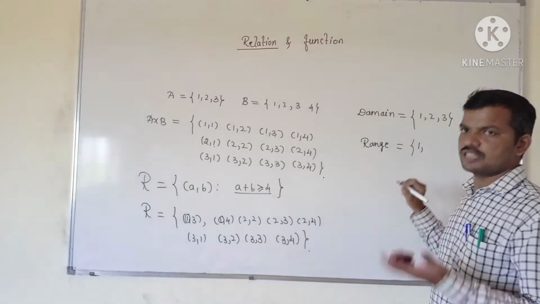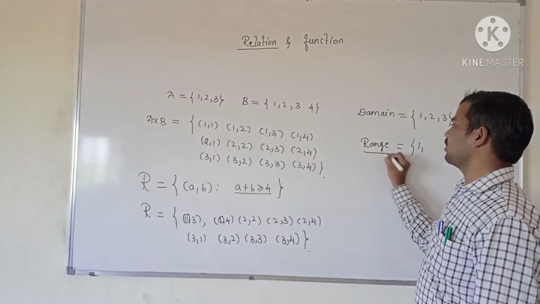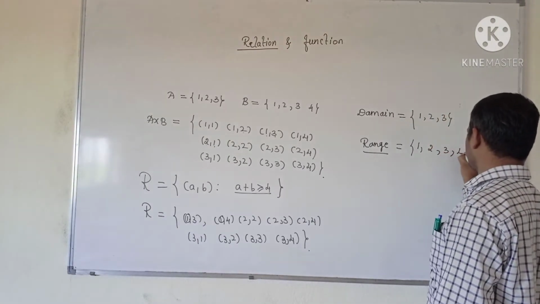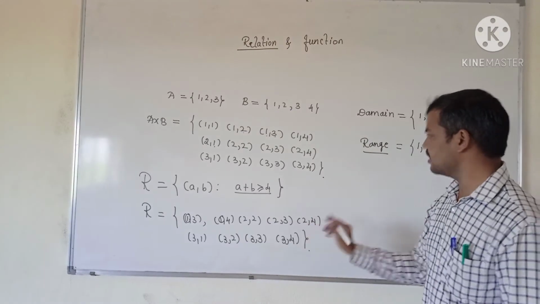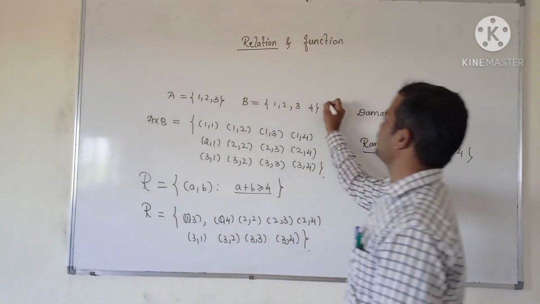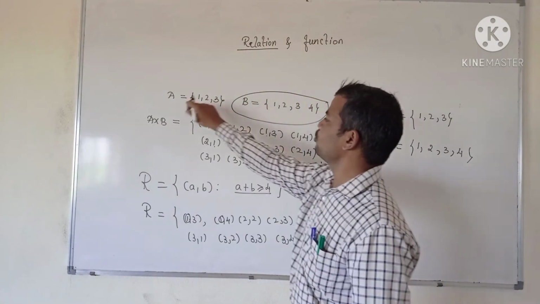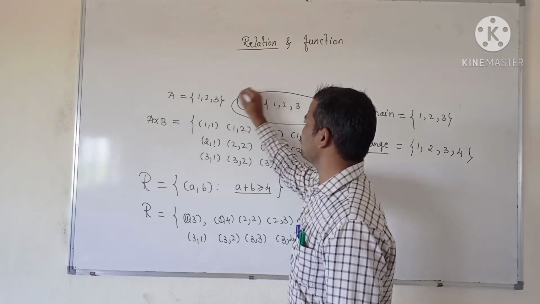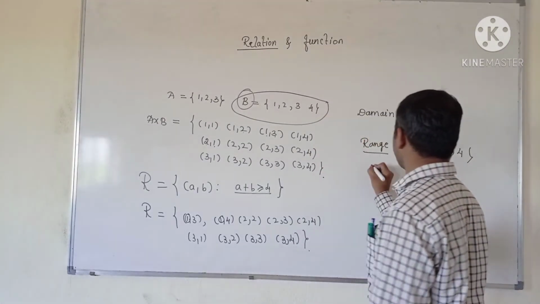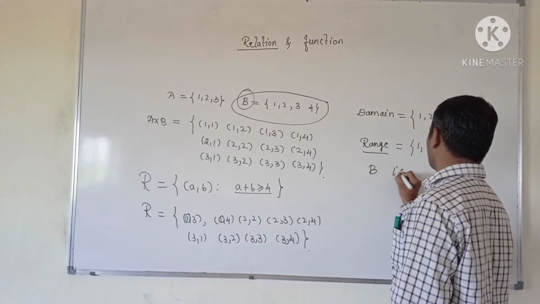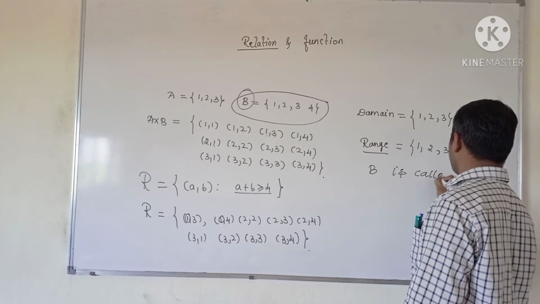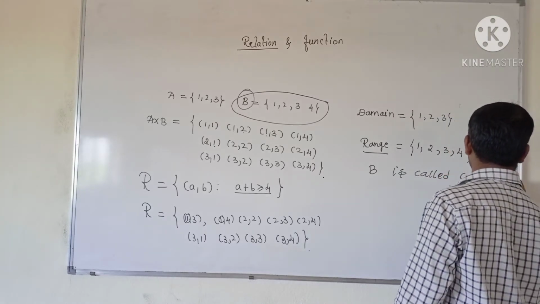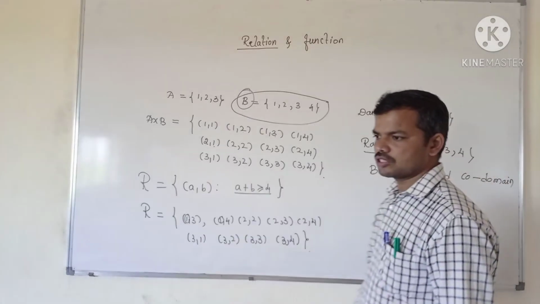Nothing else is missed. Next, the set B itself, B is called the codomain. Codomain. So this is about the range.